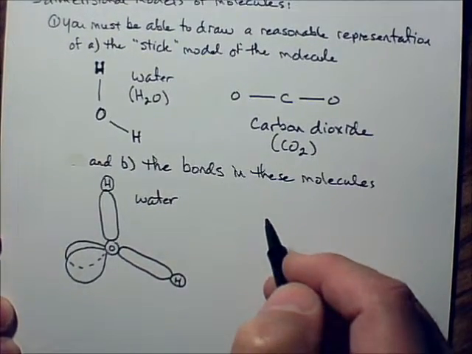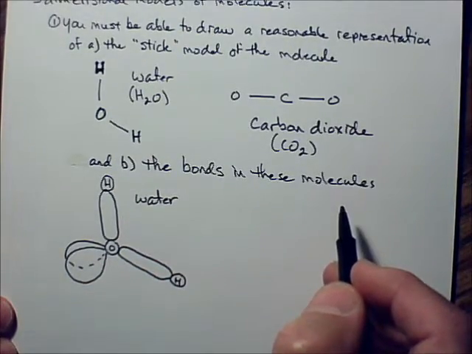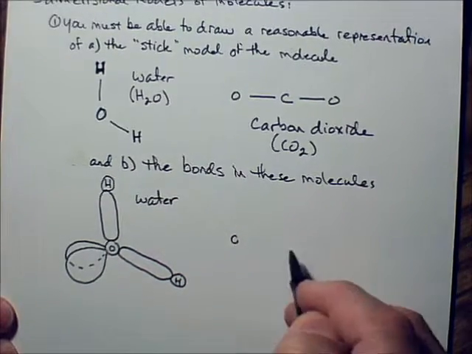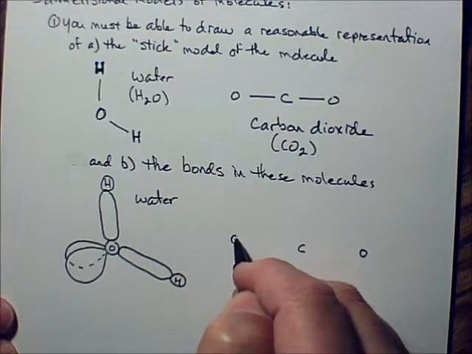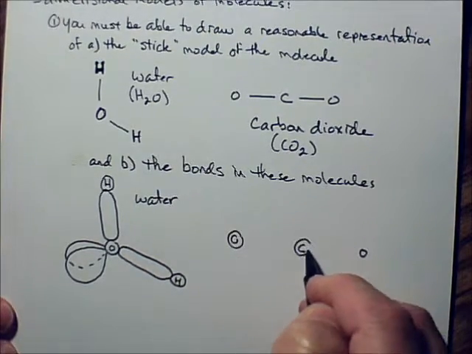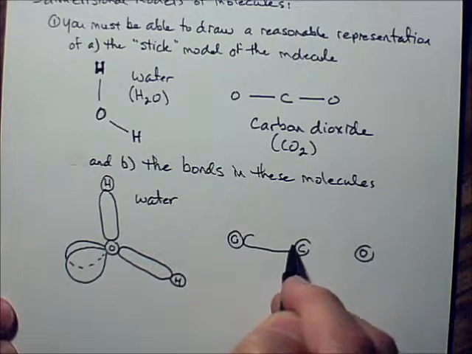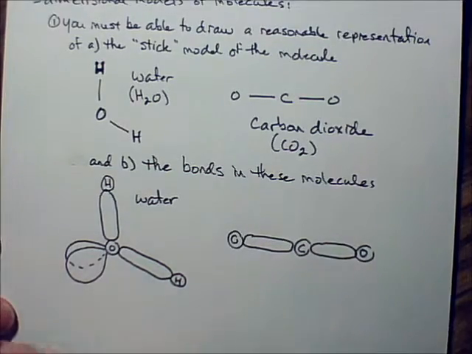All right, so then the balloon model you did for the carbon dioxide, you had an oxygen and a carbon and an oxygen. And then you had these bonds between the carbon and oxygen that look like this.